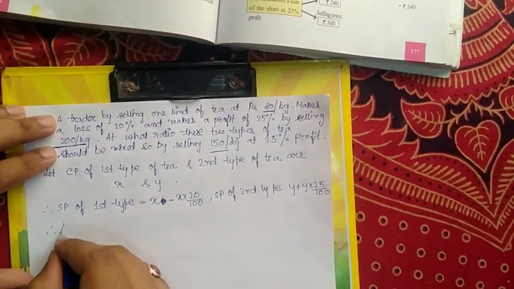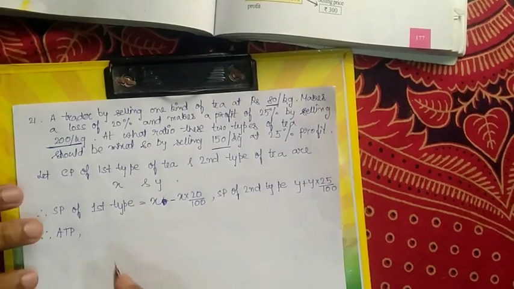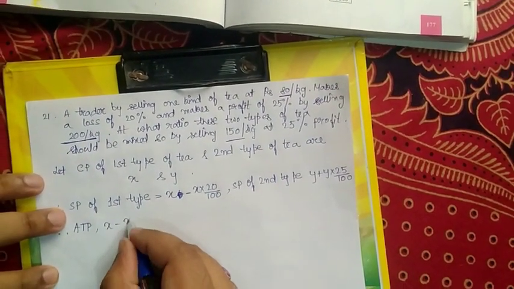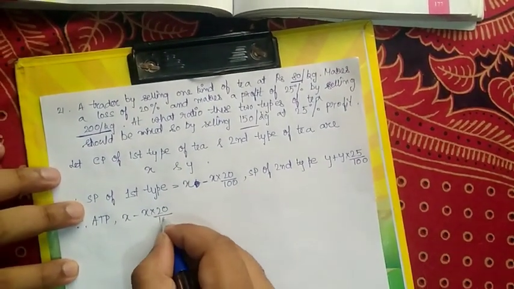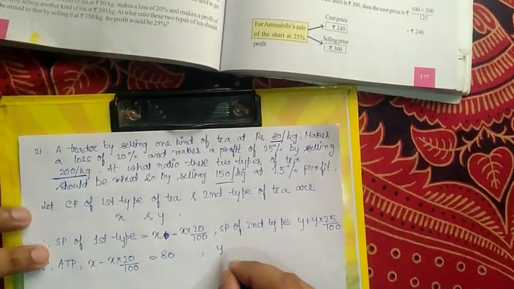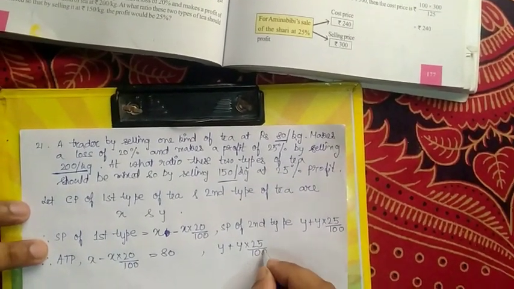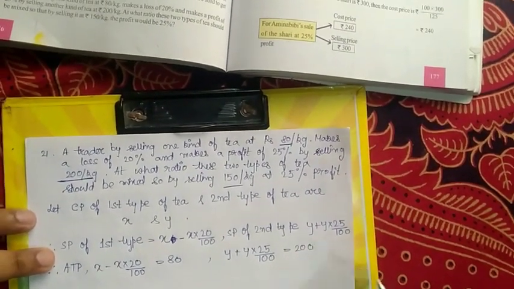So according to the problem, x minus x into 20 by 100 equal to 80, and y plus y into 25 by 100 equal to 200.